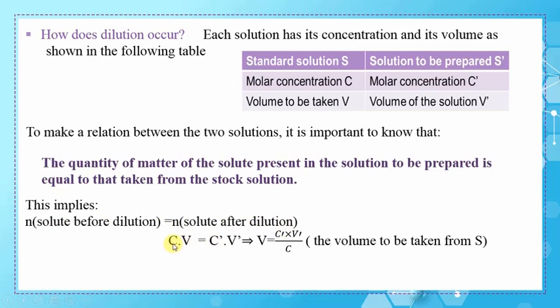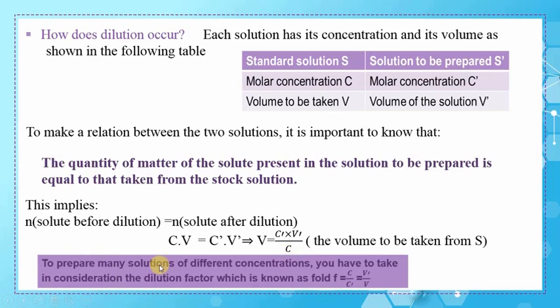Using the formula of the molar concentration, C times V is the number of moles before dilution, and C prime times V prime is the number of moles of the solute after dilution. This implies that the volume that must be taken from S equals C prime times V prime over C.